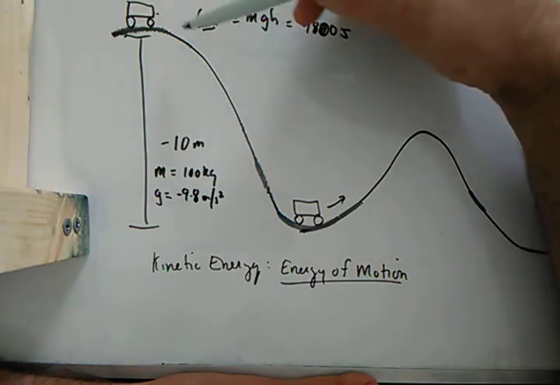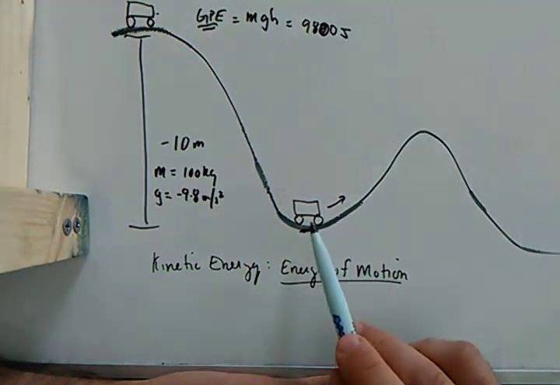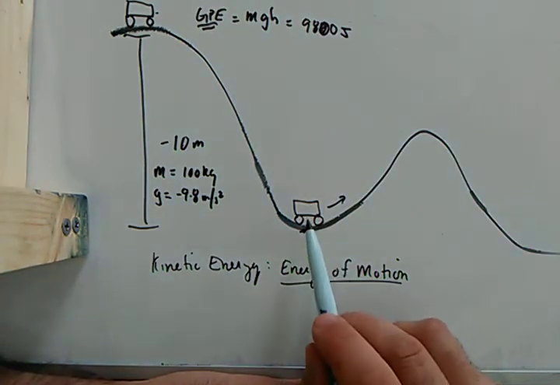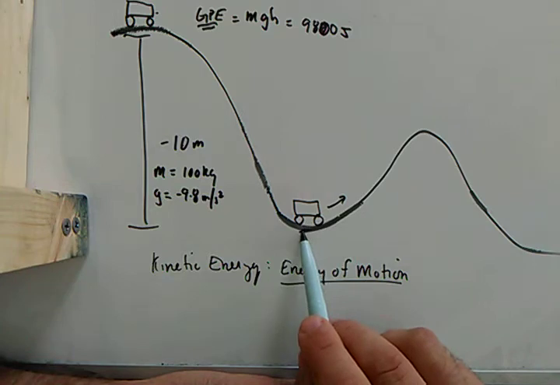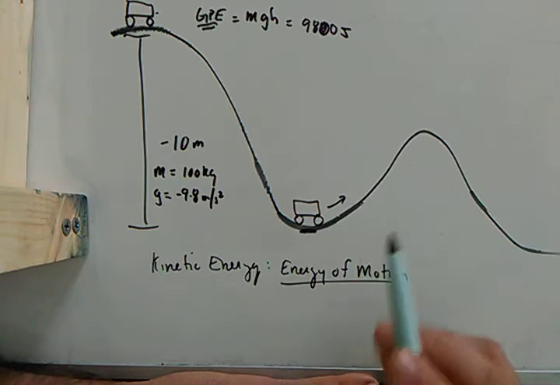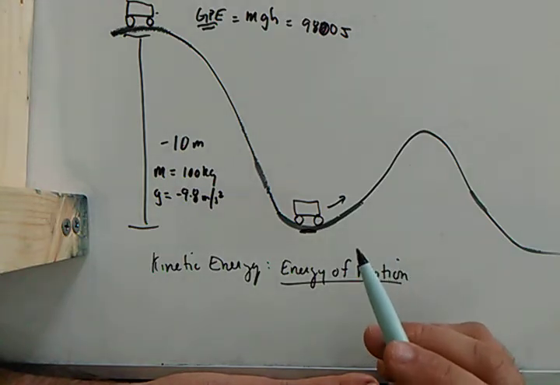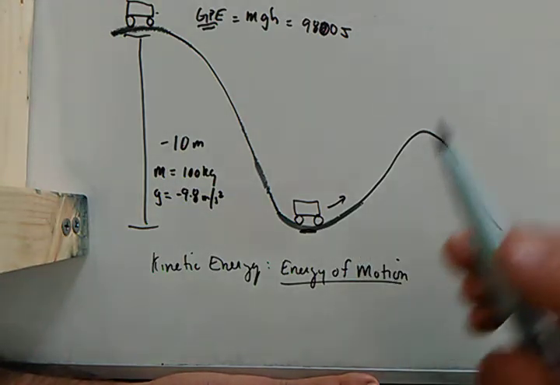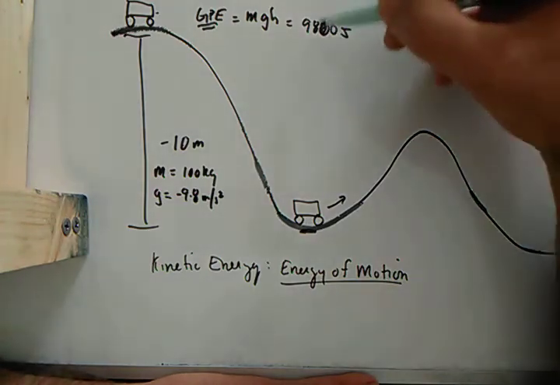I've released it, and now it's transferred or even transformed into what we call kinetic energy at the bottom. So now we know this is energy of motion, but how do we find out how much kinetic energy it does indeed have?